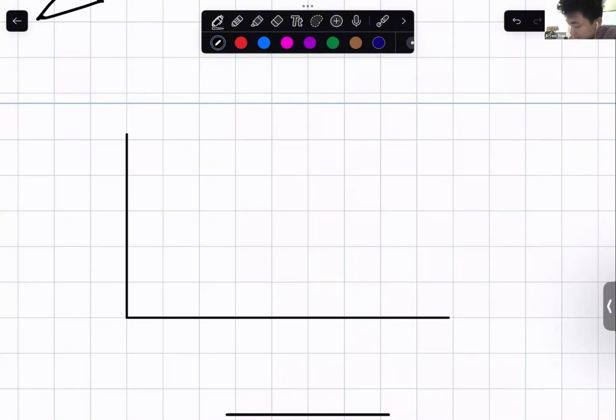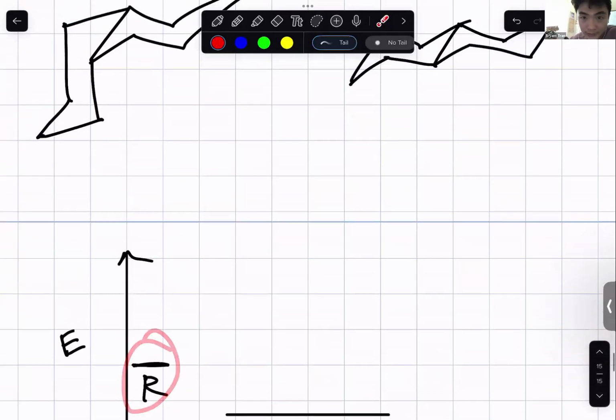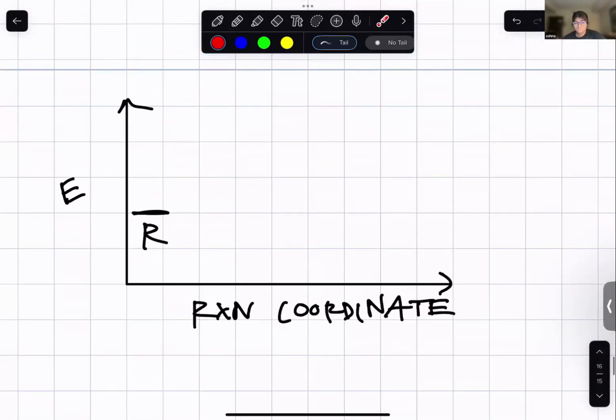So let's say this is the y-axis, which would represent energy, E. And then the x-axis would represent the reaction coordinate or time, right? The time it takes the reaction to complete from converting the reactants to the product. Let's say this right here is the starting point with the reactants. Like you have no reaction, just some molecules floating in the solution right there.